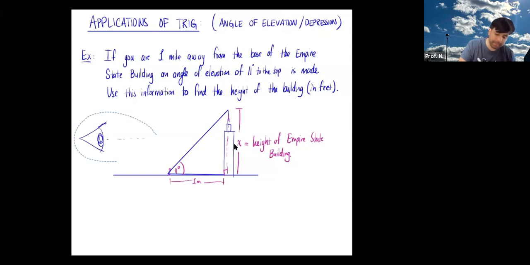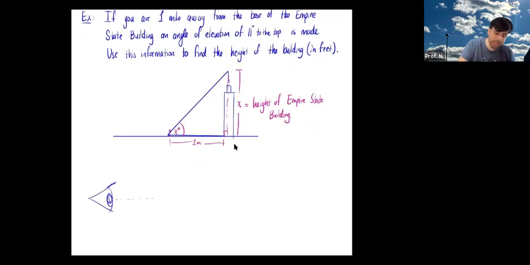But if you're the observer and our line of sight is 0 degrees here, then when you look up, you have what's called an angle of elevation.